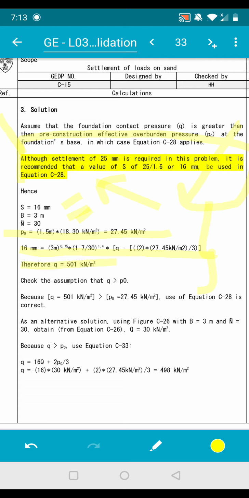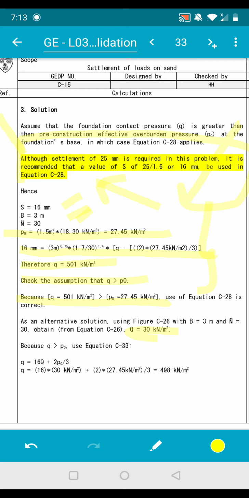Check the assumption that Q is more than P0, so it's okay. So use equation C28 because you made the right assumption in the beginning. As an alternative solution, using figure C26 with B 3 meter and N 30, Q is 30 kilonewton per meter square.